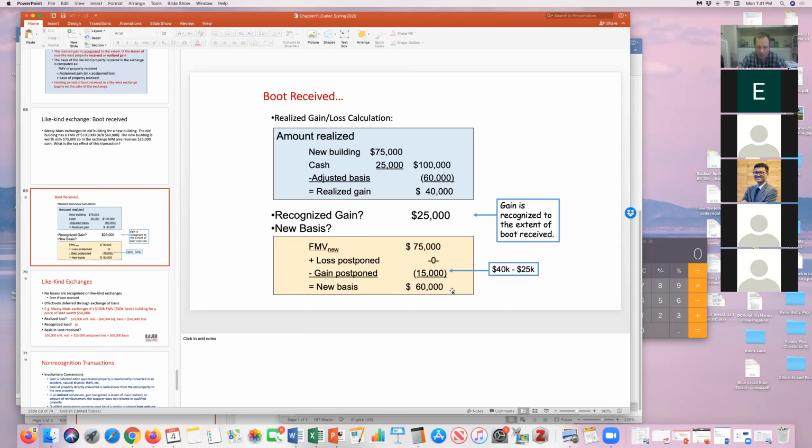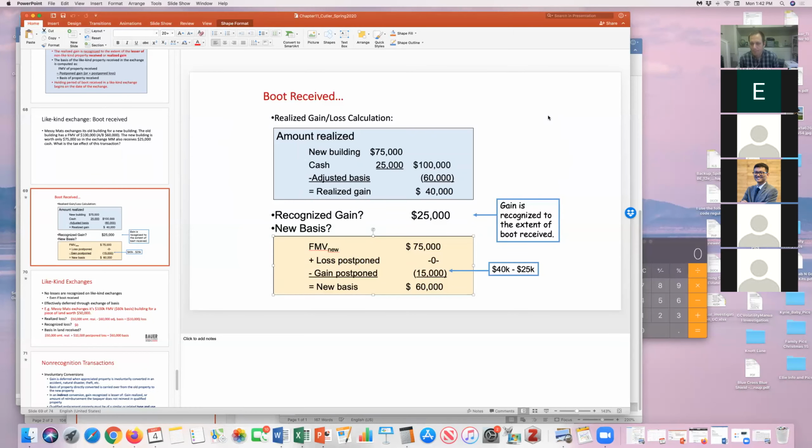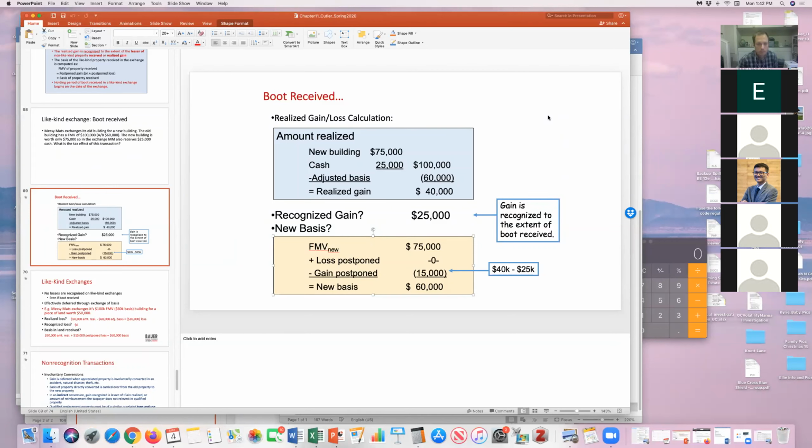And the other thing about like-kind exchanges is, even if there's cash, like boot involved, if you have a loss, you can't recognize the loss. You have to defer that also. So people wouldn't usually do that probably. So if your boot is higher than the market value, will the recognized gain be the realized gain?